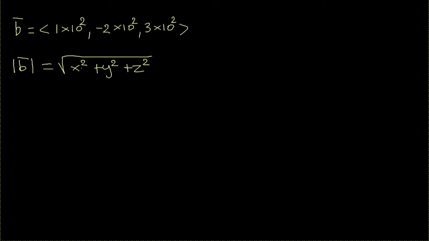So what I need now is to take the x, y, z numbers from this vector and plug them into this equation. So I need to calculate the square root of 1 times 10 to the power of 2 squared, and here be careful because you have to take the square of the entire component, and then I have minus 2 times 10 to the power of 2 squared.